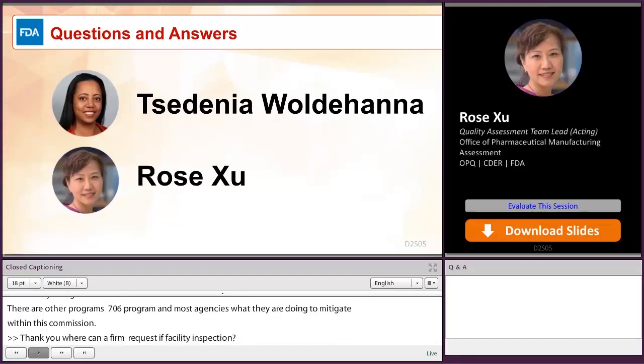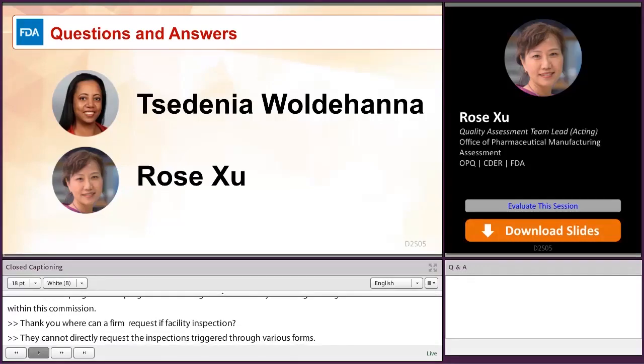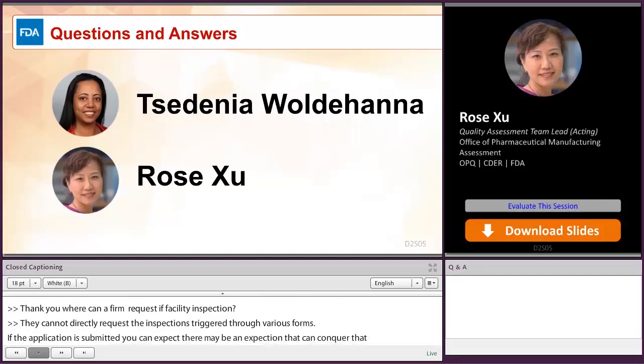So if an application is submitted, you could expect that there may be an inspection that will come to that facility. However, based on future inspection experiences or their level of involvement or the level of risk identified by the review division, there may or may not be an inspection. Great, thank you.